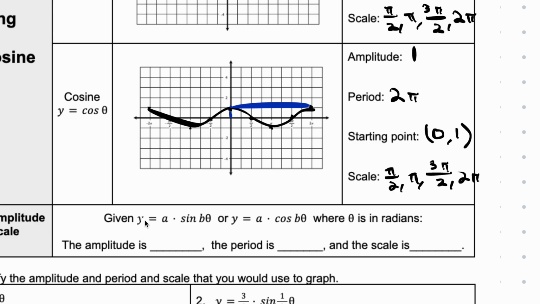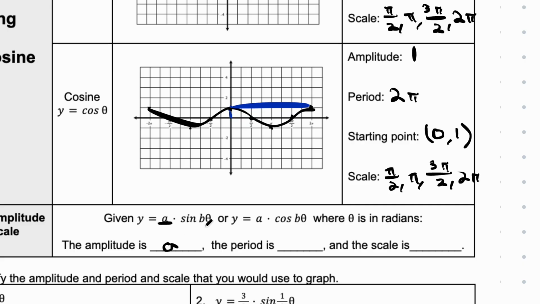Okay. So here, we're given these equations: y equals a times sine of b times theta, and also y equals a times cosine of b times theta, where theta is in radians. So what's our amplitude? Our amplitude is going to be this number out in front, so it's going to be a. And what's our period?